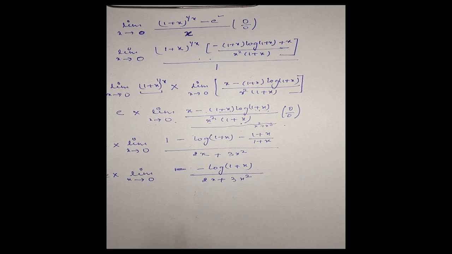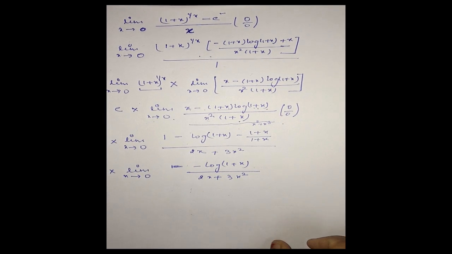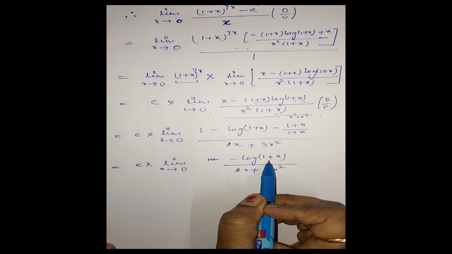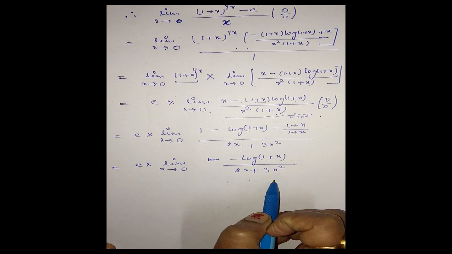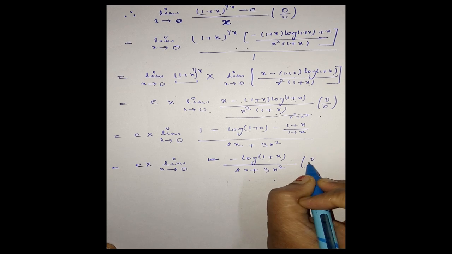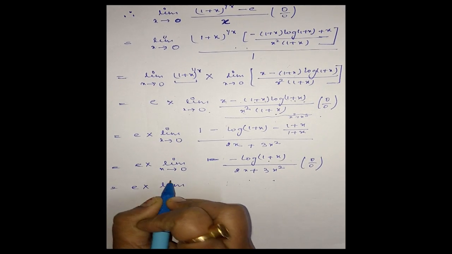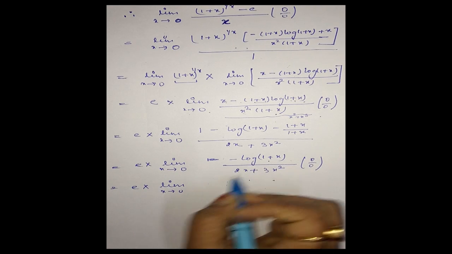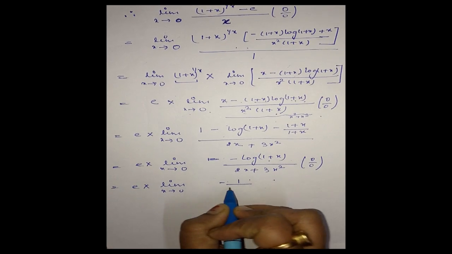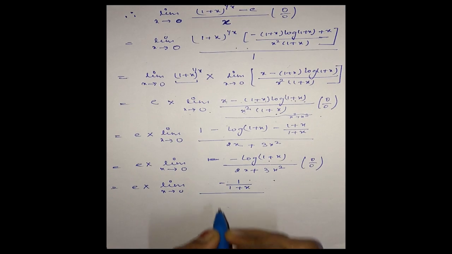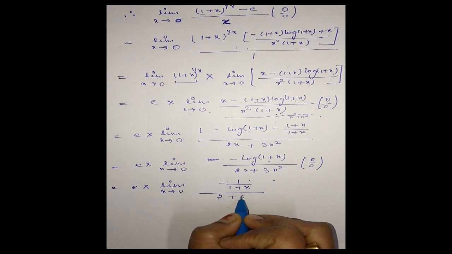Now on taking limit as x tends to 0, this will be log 1 which is 0 and 2 into 0 plus 3 into 0, 0 by 0. We are getting an indeterminate form again. On applying L'Hopital's rule again, the numerator is minus 1 by (1 plus x), and differentiating the denominator we have 2 plus 6x.